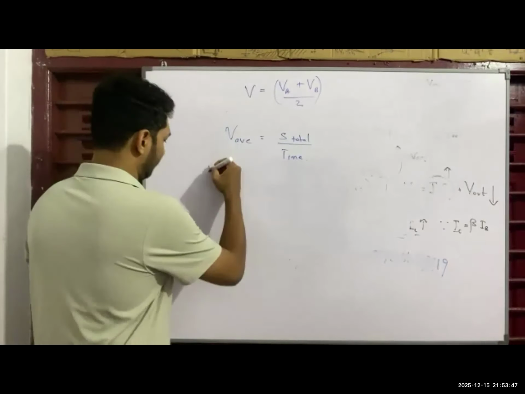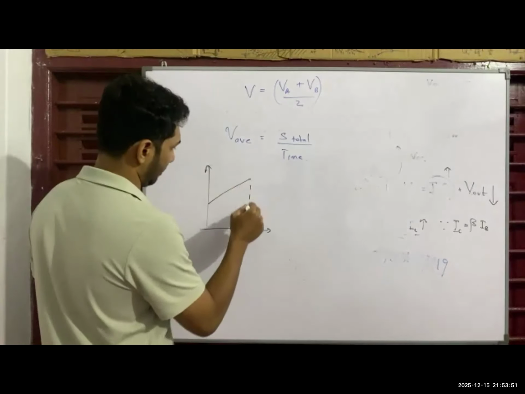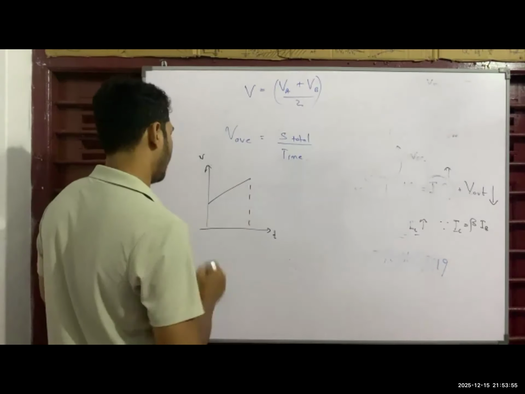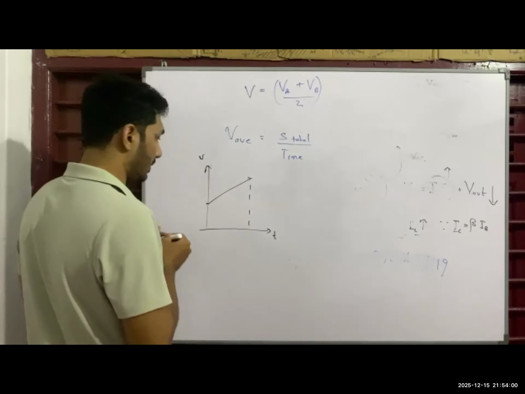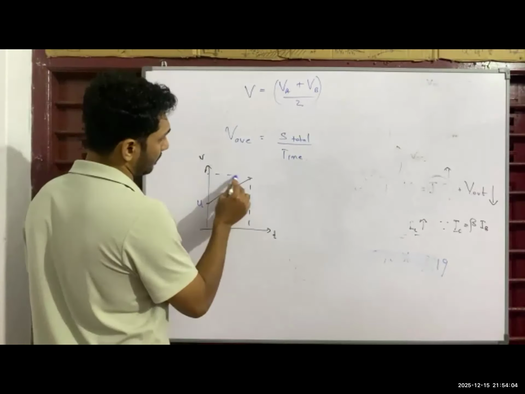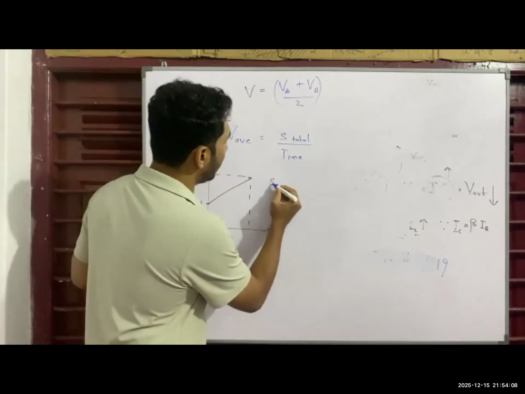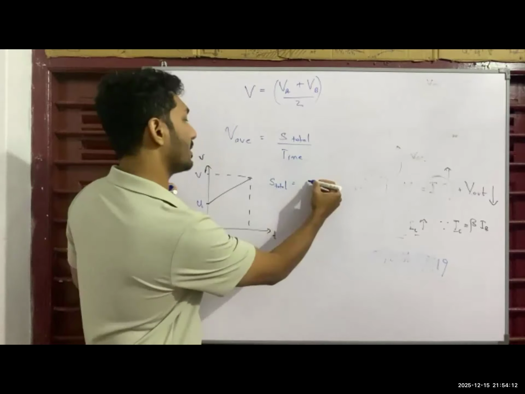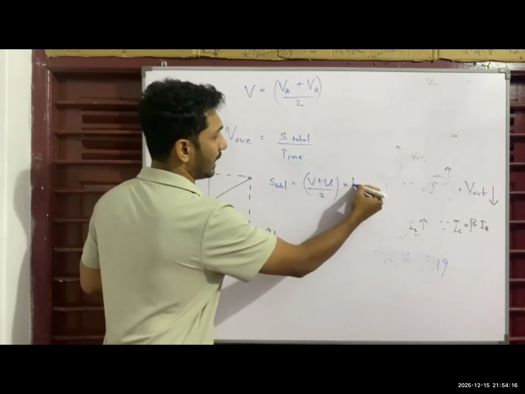For example, see here. Okay, so what is the total displacement? Total displacement is the sum of the parallel sides divided by 2, times the total time.